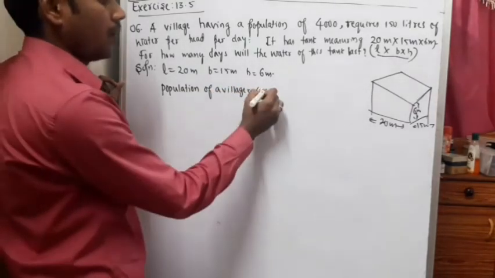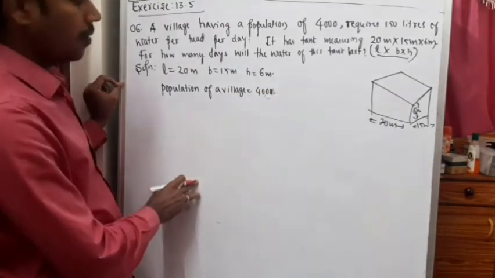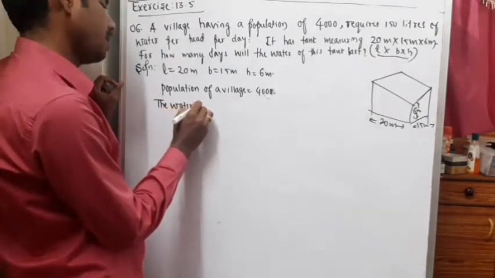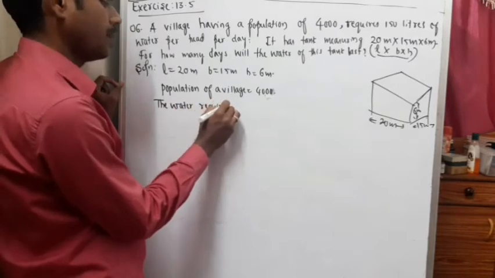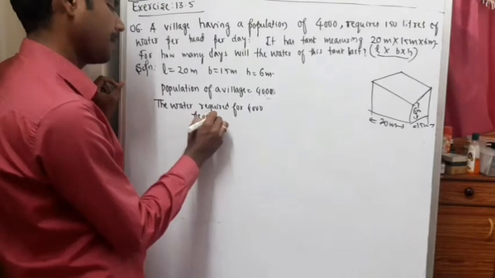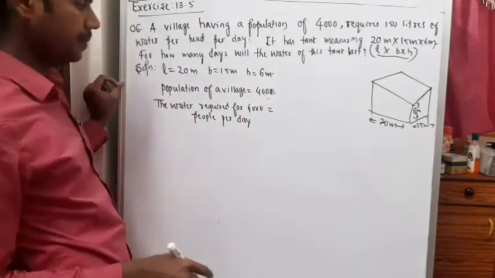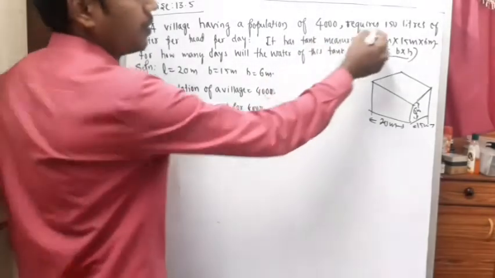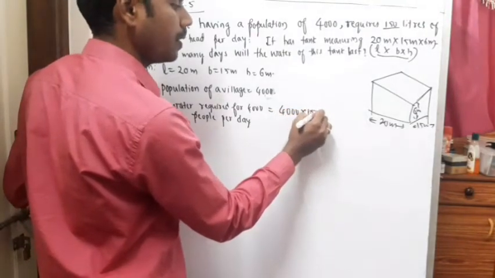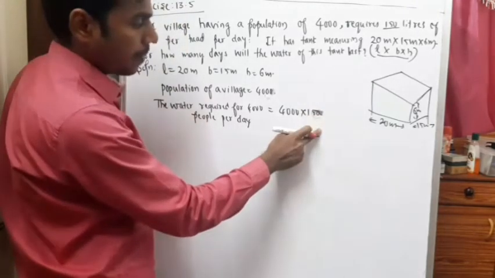So the water required for 4,000 people per day is equal to, per day, per person, it is 150 liter. For 4,000 people, 4,000 into 150. This is per person per day.